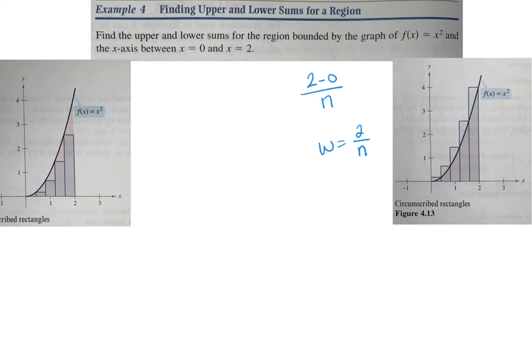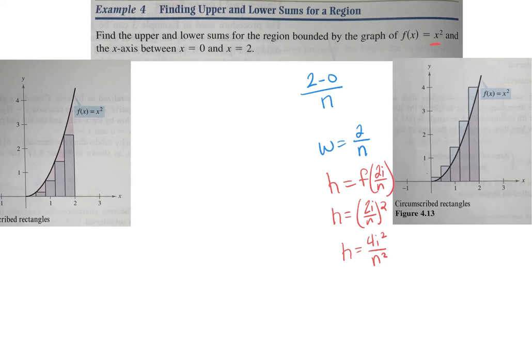My height is going to be the function when you plug in 2i over n. Just take your width, multiply by i. All right? So that means my height, I've got to plug it in here. If I plug this in, it's going to be, instead of x squared, 2i over n squared, which is going to look like this, 4i squared over n squared, right?